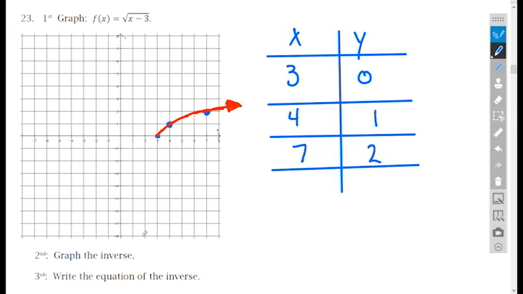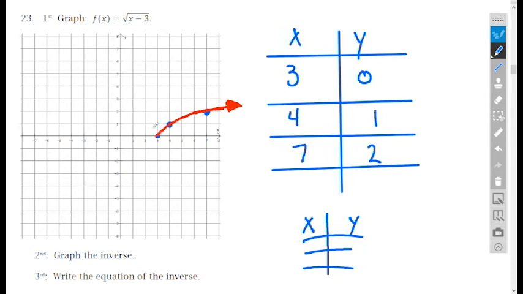Okay, so the inverse would have me reverse the x and y's. Because remember, when you do the inverse function, it should bring you back. Remember, the inverse function is reflected across the line y equals x.